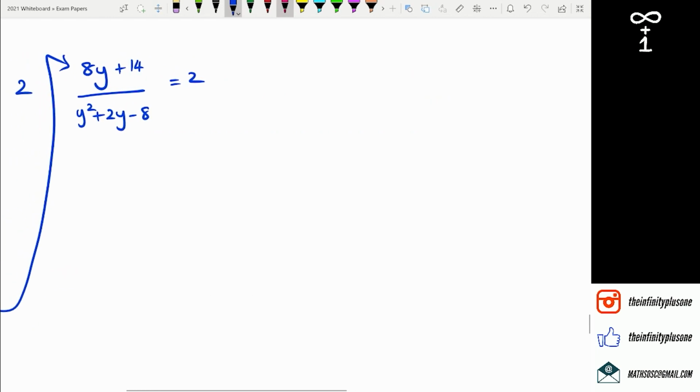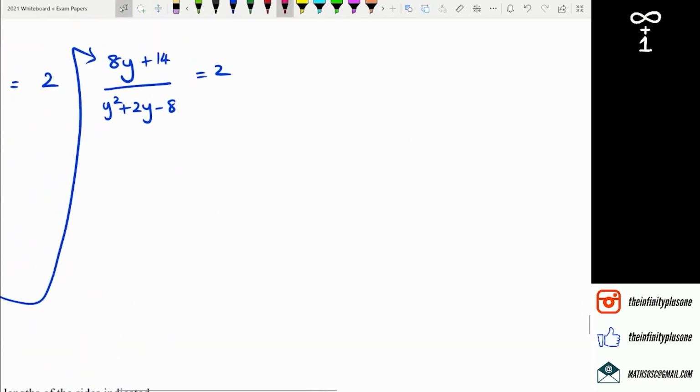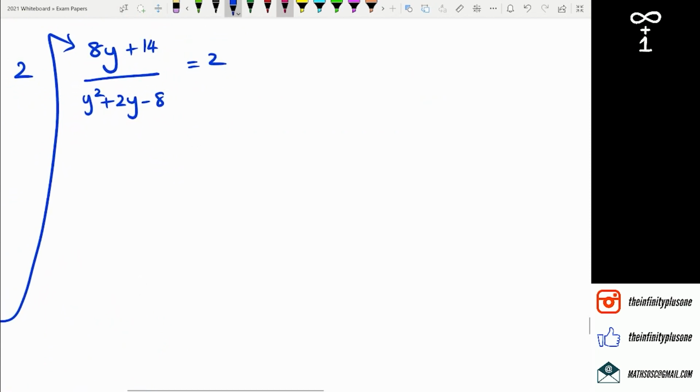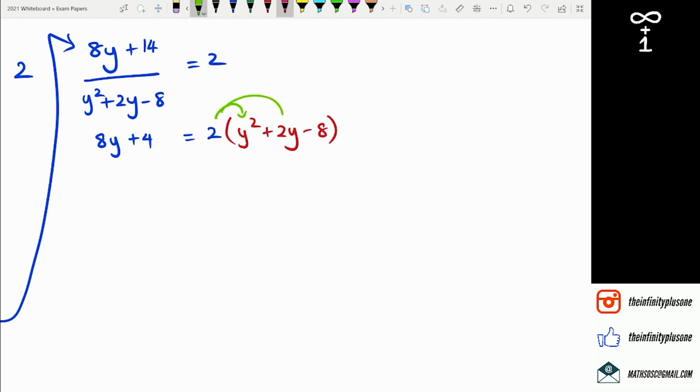So at this point, I've got to cross multiply. I'm going to take that entire quadratic in the denominator to the other side. So I'm going to get 8y plus 4 equals to 2 multiplied by y squared plus 2y minus 8. Once again, I need to expand the brackets. So I've got 2 times y squared, 2 times 2y, and 2 times negative 8.